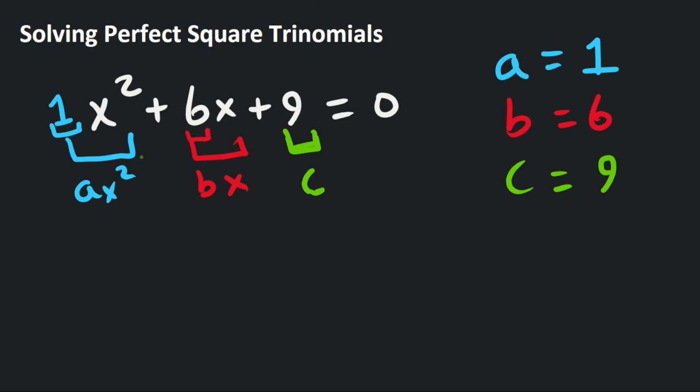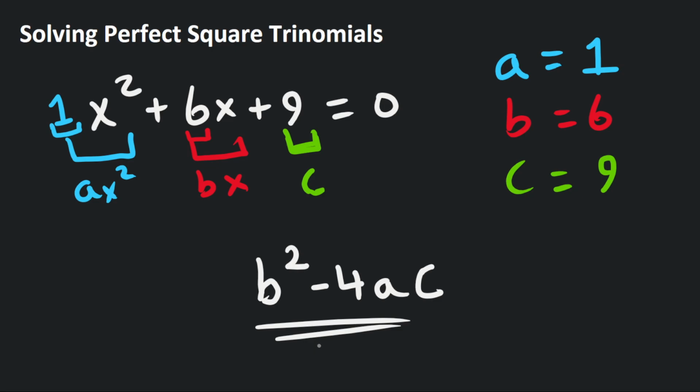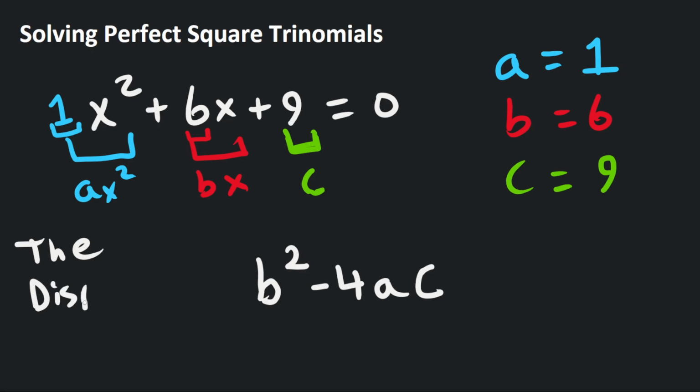Okay, so before we get to solving this, how can we tell if this is a perfect square trinomial? What we're going to do is take a look at a formula. It goes b squared minus 4ac, and we'll go into detail about this formula in a later video. But it's very important, this is called the discriminant. In a later video, you'll be able to see where it comes from and why it's important.